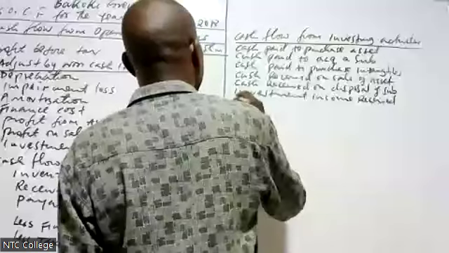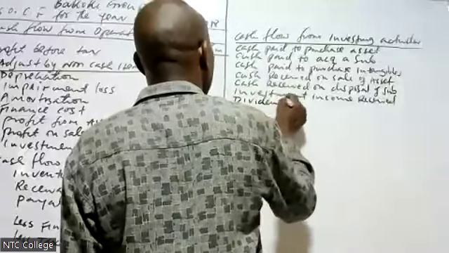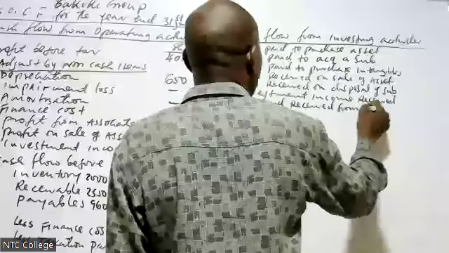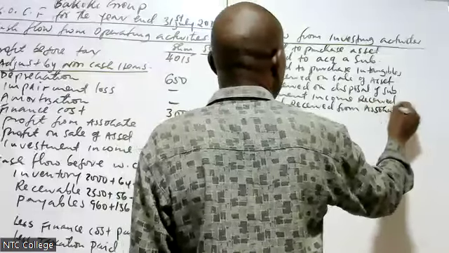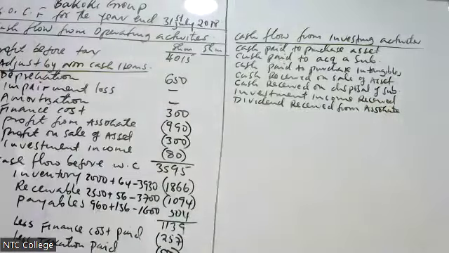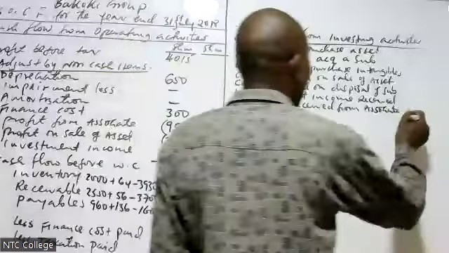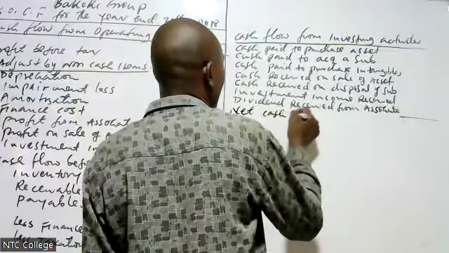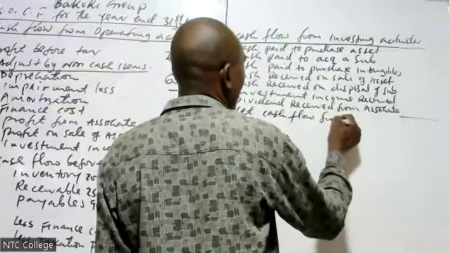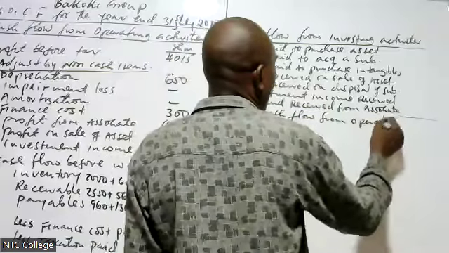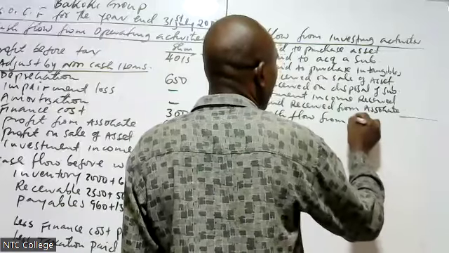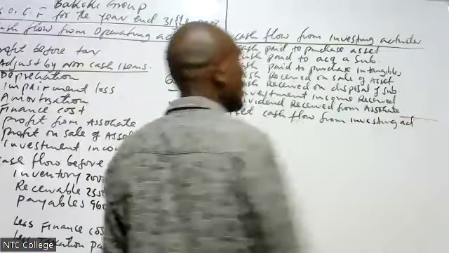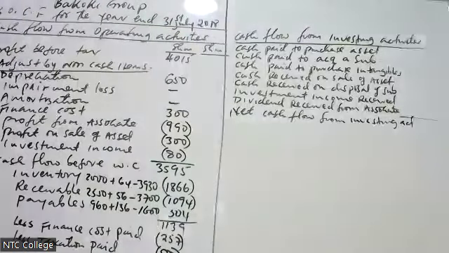Investment income received, then last the dividend received from associates. Then we get the net from investing activities.